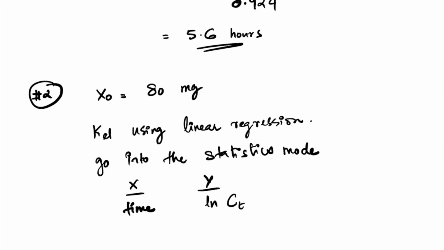X3 is 2. Y3 is natural log of 4.2. X4 is 4. Y4 is natural log of 2.6. X5 is 8. Y5 is natural log of 1. And you click stat var, and you'll get the numbers that you're looking for.